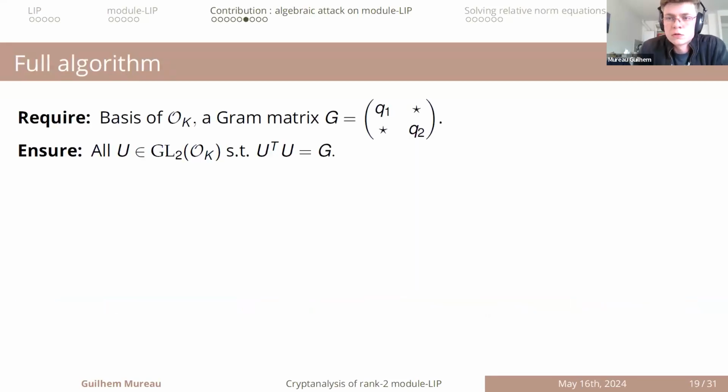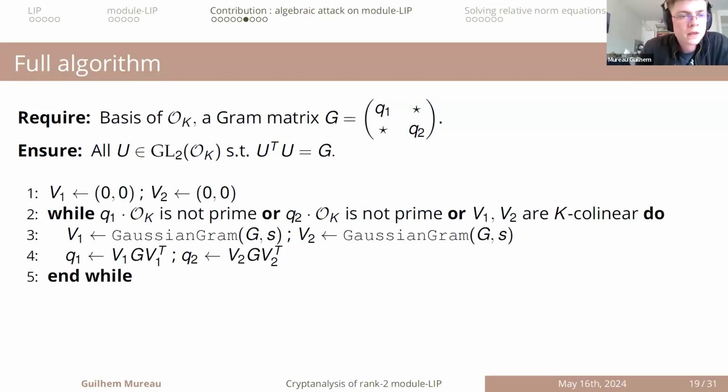Okay, so now we have everything to build the algorithm. Given as input a Gram matrix, we will compute all the solutions U transpose U equal to G. First of all, we initialize two vectors to be 0, and we do the rejection sampling.